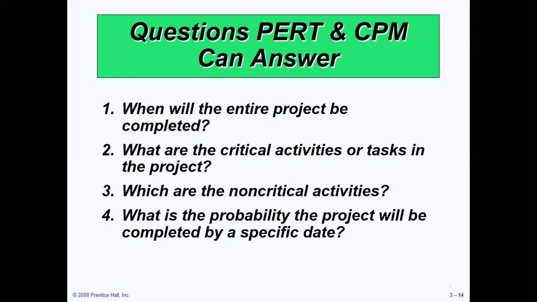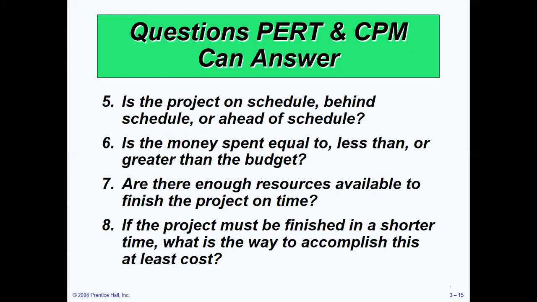And what is the probability that the project will be completed by a specific date? Through PERT and CPM we can easily know the probability of the completion of the project. The next questions that PERT and CPM can answer: is the project on schedule, behind schedule, or ahead of schedule?